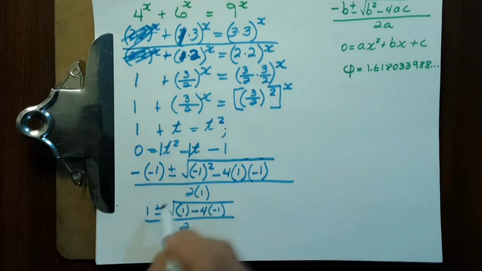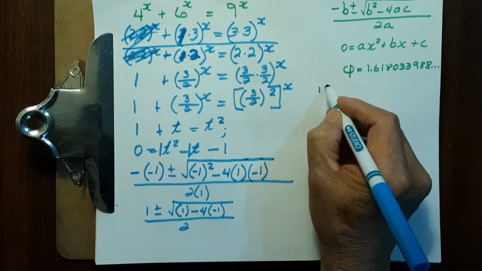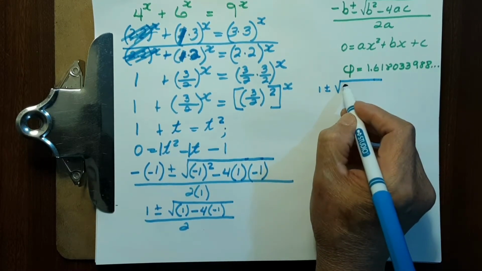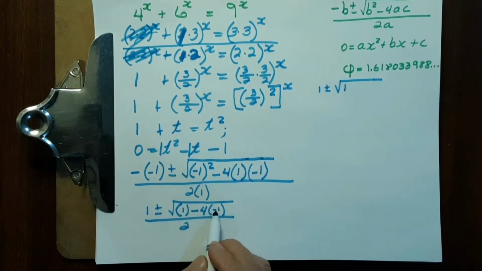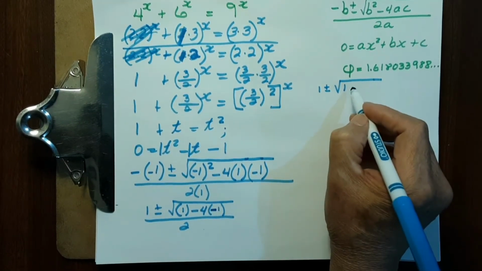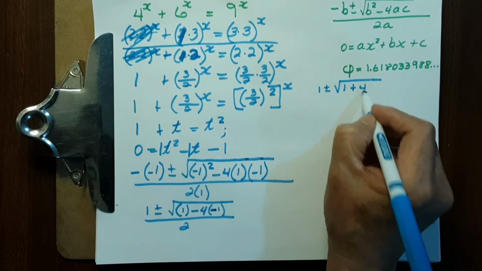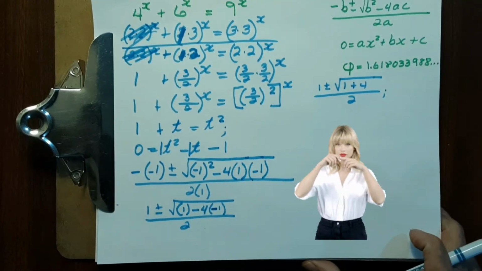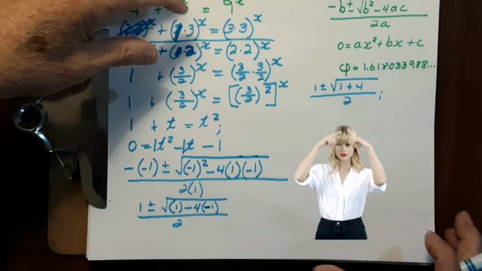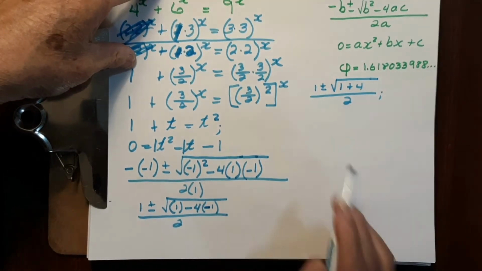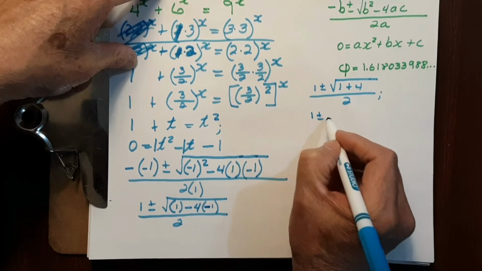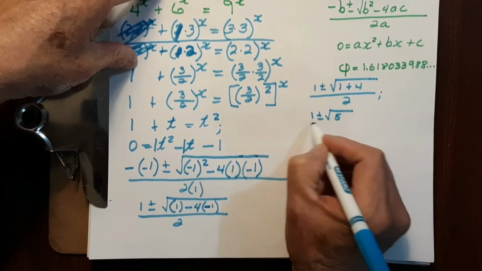Okay, now we go here. 1 plus or minus the square root of 1 plus 4, over 2. Okay, now that I have this equation, we continue. 1 plus or minus square root of 5 over 2.